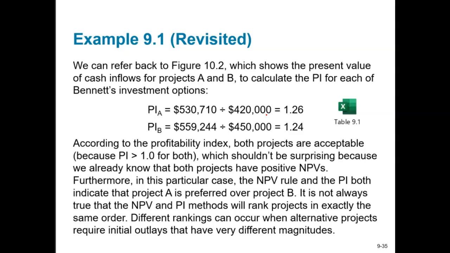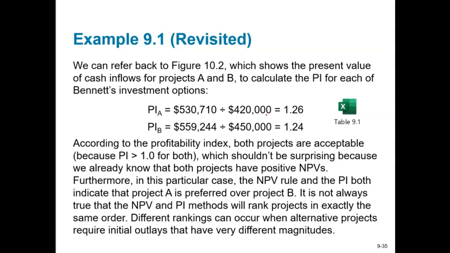So as per the NPV, we said project A is better than project B. Same way, not surprisingly, we said both projects are accepted because PI is greater than 1.